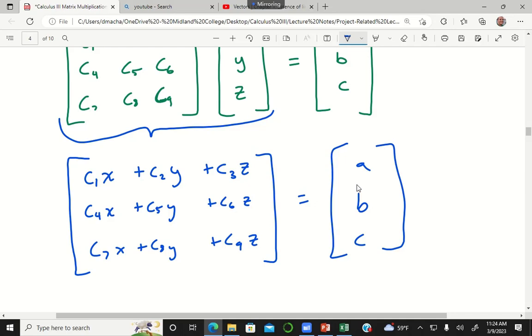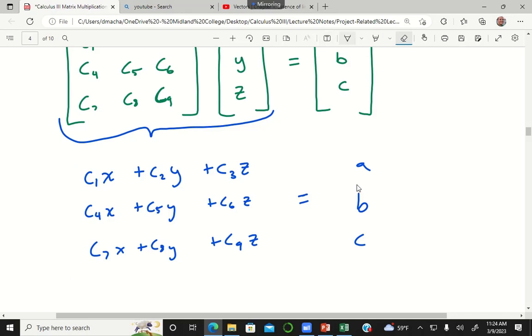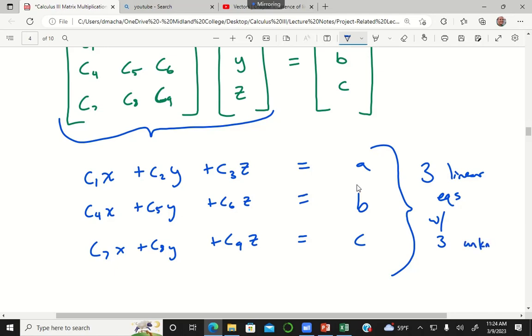These vectors are only equal to each other if all three of their entries are equal. So I could instead take away these brackets and say that this entry has to be equal to A, this entry has to be equal to B, and this entry has to be equal to C. But now I have a system of 3 linear equations with 3 unknowns that I'm trying to solve for, x, y, and z.